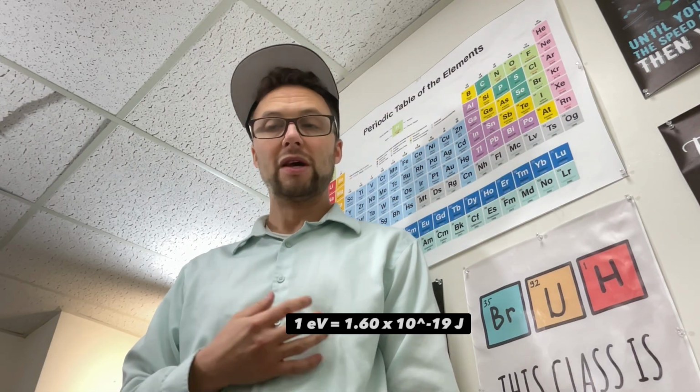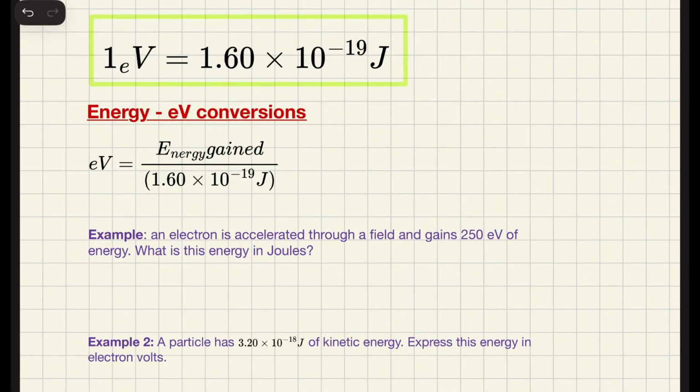Why is this useful? Because we could take that ratio and figure out how much energy it's gaining as we increase the voltage in a circuit or in a uniform field. So given that 1 electron volt is equal to 1.60 times 10 to the negative 19 joules of energy, we can have an electron volt to energy in joules conversion ratio.